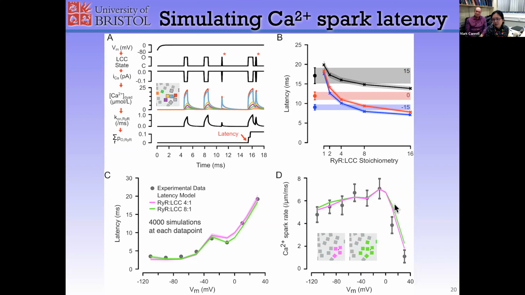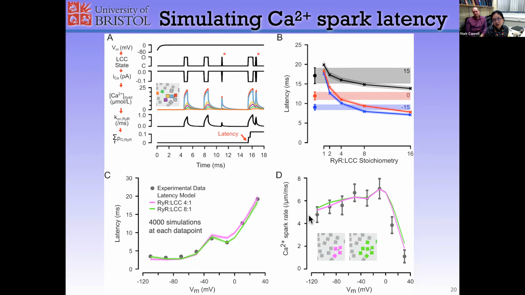So during RP, at positive potentials, the calcium spark rate decreases. And again, this supports the idea that at positive potentials, the unitary calcium current is reduced, so it's less able to trigger calcium sparks. What was initially surprising was that calcium spark rate also decreased at negative potentials.